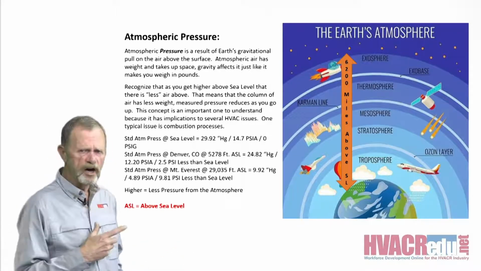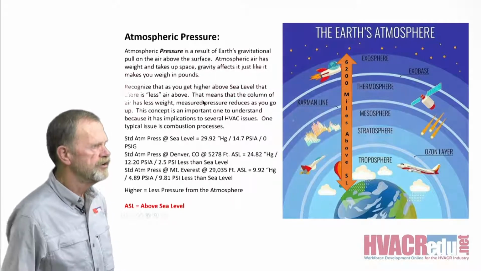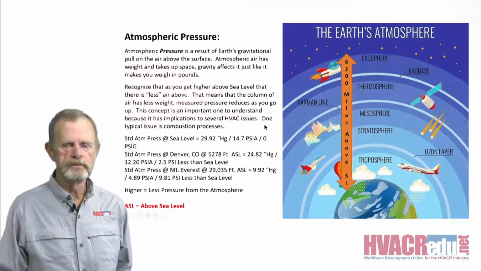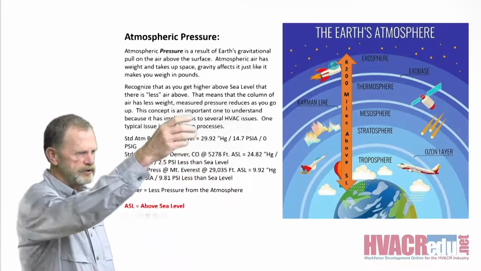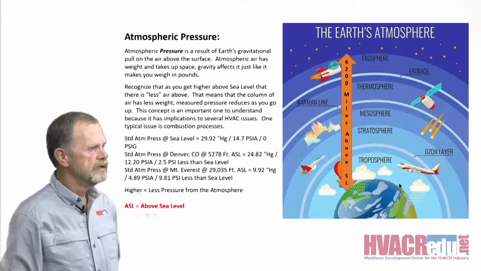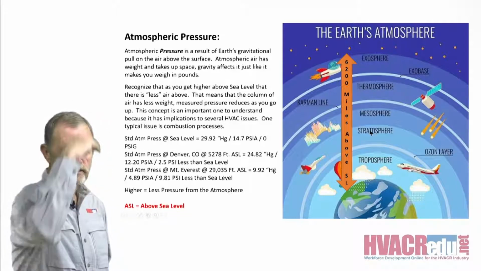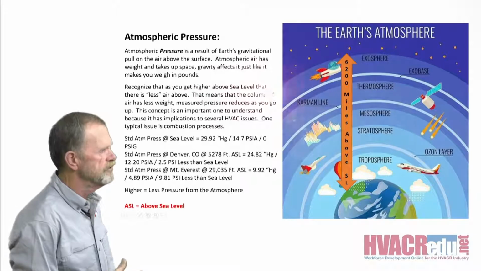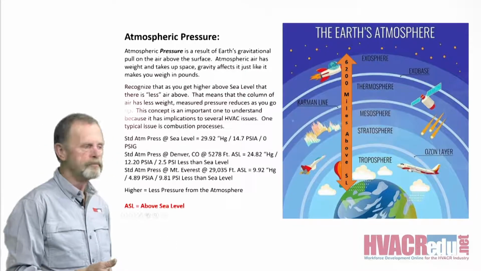Recognize, and this should be obvious at this point, that as you get higher above sea level there is less air above you. So that means a column of air has less weight. Measured pressure reduces as you go up.